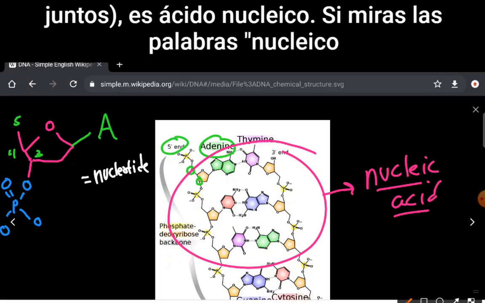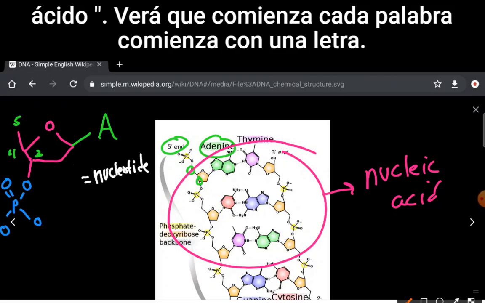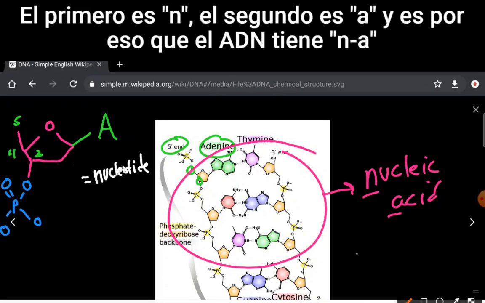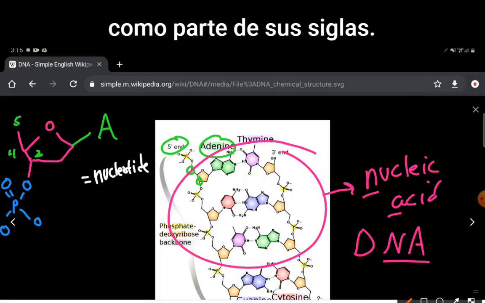If you look at the words nucleic acid, you see that each word starts with a letter. The first is N, the second is A. And that is why DNA has NA as part of its acronym.